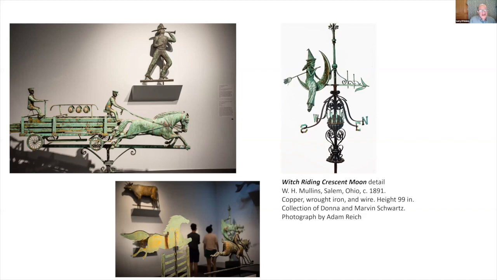But how much of that can you see from 30 feet in the air? So it was more for the people who were buying the weather vane that they did all this detail in these pieces, because the weather vane would function quite fine without all this detail.